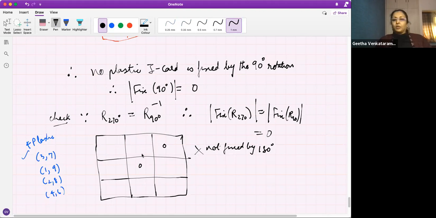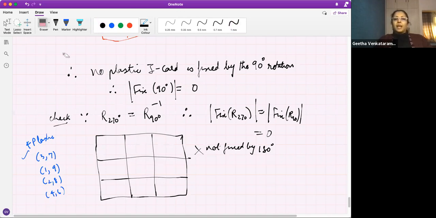Clearly, because when I do a 180-degree rotation, this will stay where it is, but this thing is going to travel here, and that is no longer the same card. It's not fixing X. It's taking X to some other element within the same orbit. So none of the cards which have a hole in the center are going to be in the fix of G.